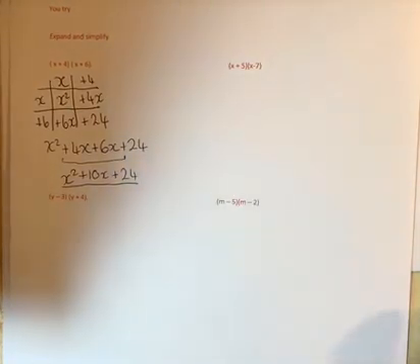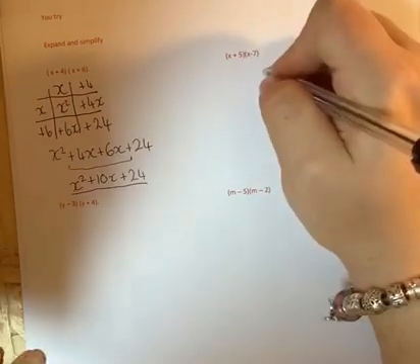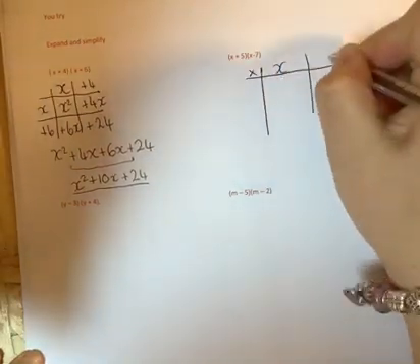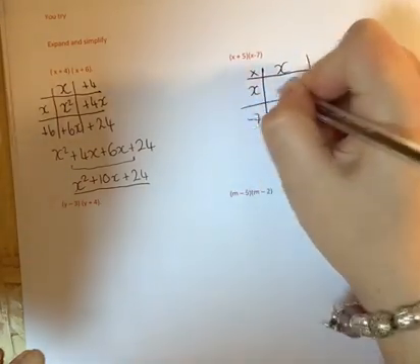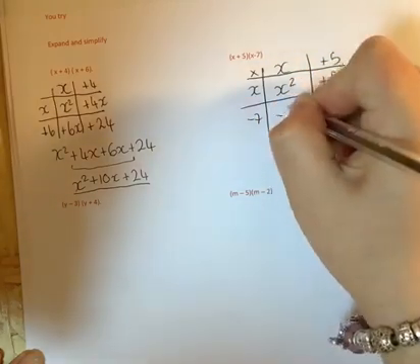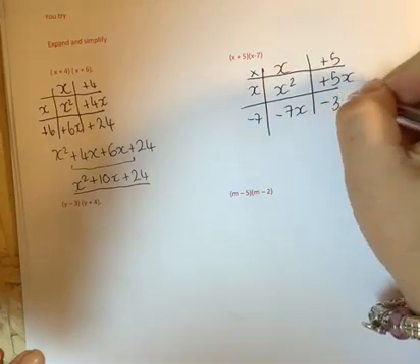The next one then, and I've not kept the numbers the same this time, so you have to use your brain a little bit. Okay, so we've got x, add 5, x, and take away 7. So we've got x squared, add 5x, take away 7x, and then -35.